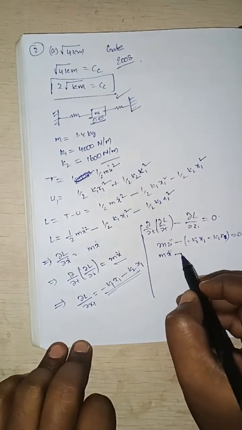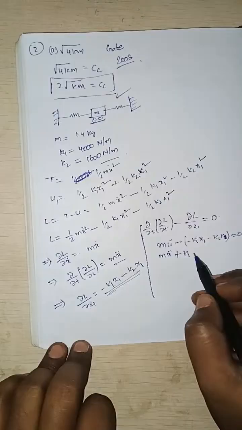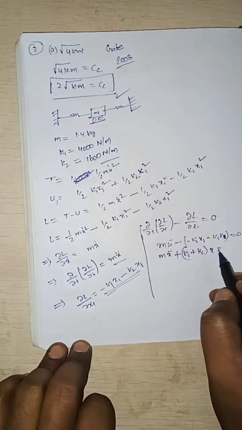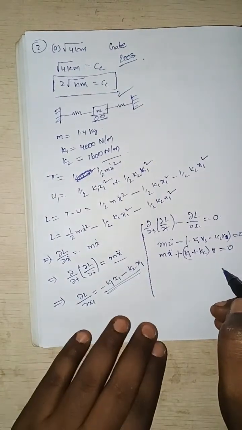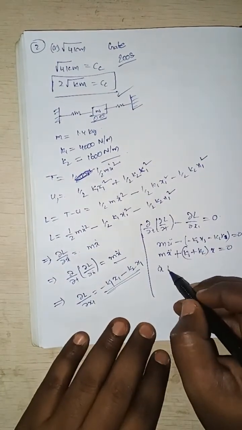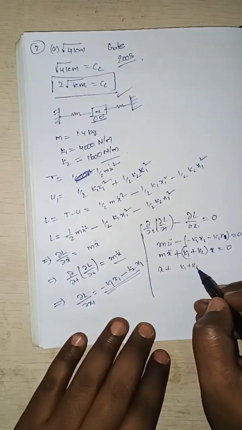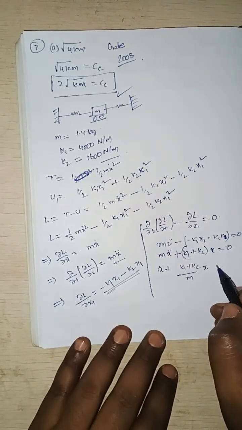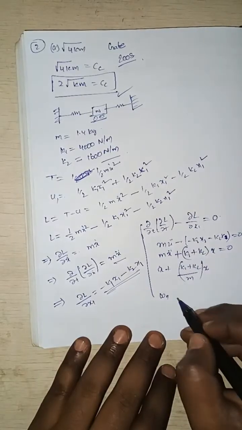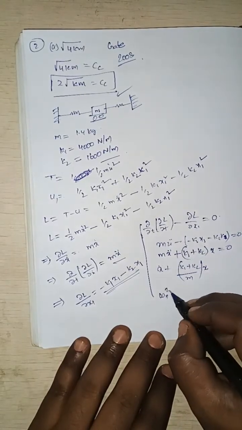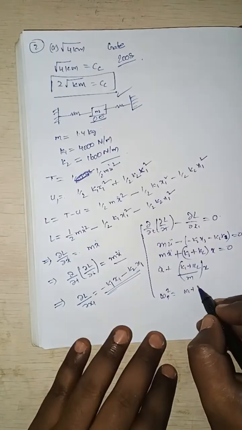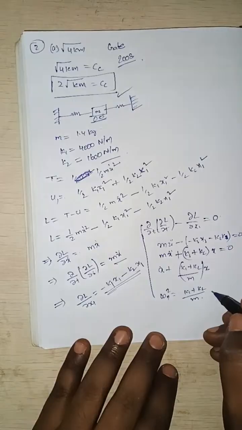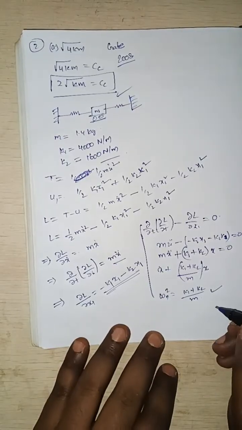So m x double dot plus k1 plus k2 of x is equal to 0. So x double dot plus k1 plus k2 divided by m of x. Natural frequency omega n square is equal to k1 plus k2 divided by m. Okay, this is the natural frequency of the system.